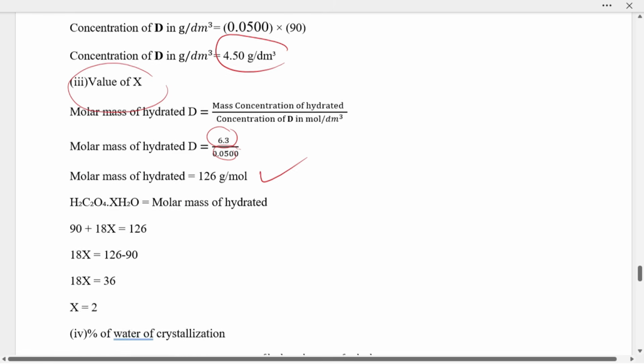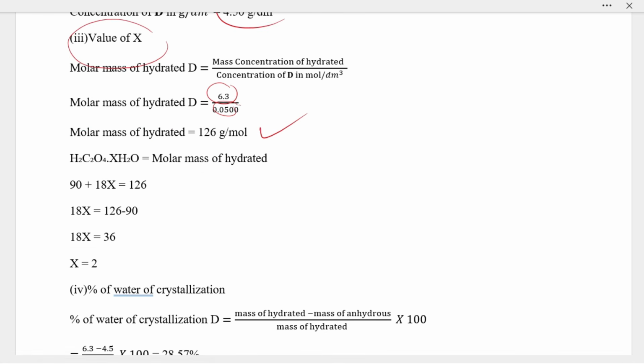So equating it to 126, you have the value of hydrogen to be what? 1 times 2 plus 12 times 2 plus 16 times 4 plus 18x equals the molar mass.